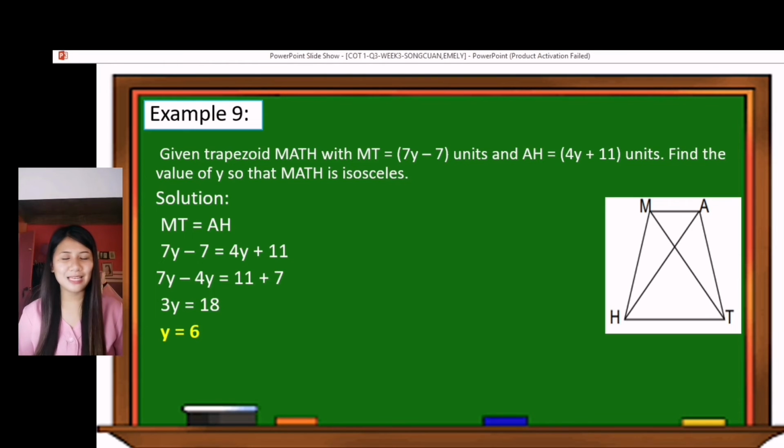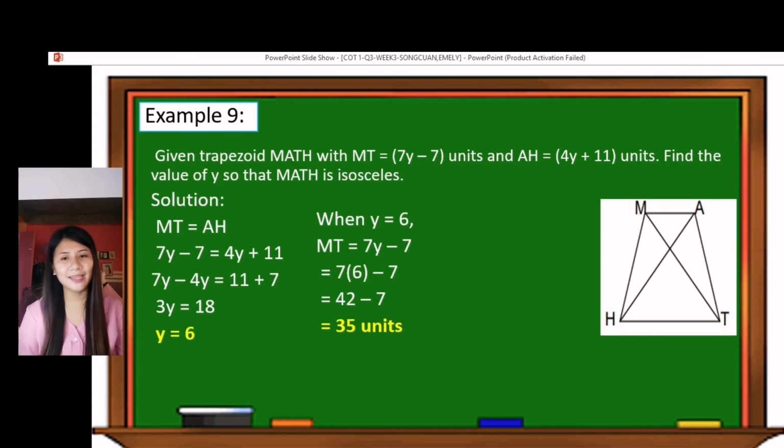And 11 plus 7 is equal to 18. Next step, you're going to divide both sides by 3. So, cancel 3, bring down y, and then 18 divided by 3 is equal to 6. So, the value of y here is equal to 6.